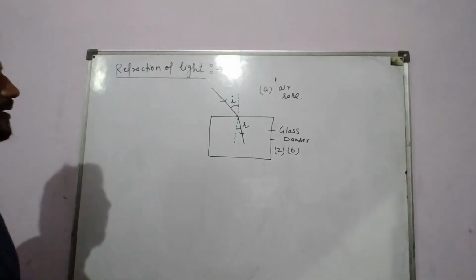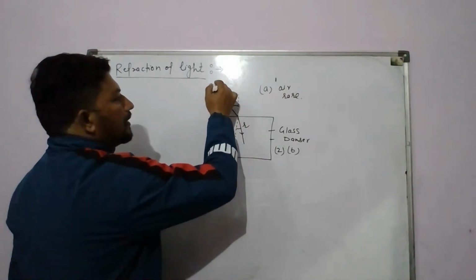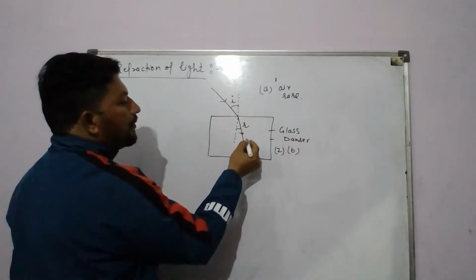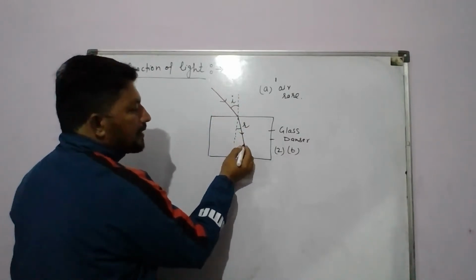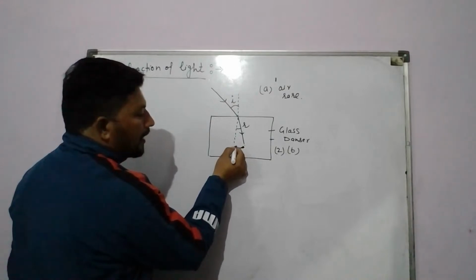So you understand the one concept here. If the incident ray travels from the air medium to the glass medium, the refracted ray moves towards the normal. Why?